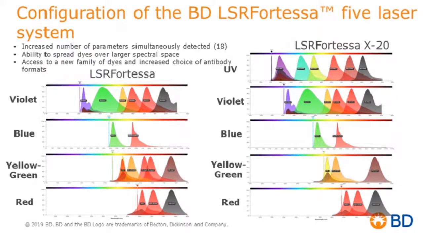And there are multiple advantages to doing so. Of course, the first advantage is that we have more parameters that we can look at. We can look at 18 colors. But most importantly, having this additional spectral space from the UV laser allows us to spread out our dyes across a larger spectral space and spread out the 18 colors so that we can minimize the spillover.